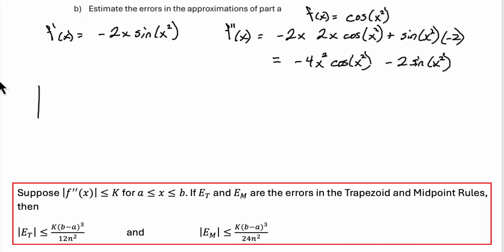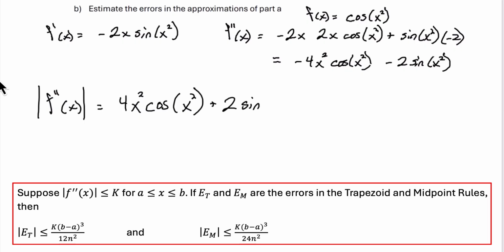Now looking at the absolute value of the second derivative, we can just make those negative signs positive. So we have 4x squared cosine of x squared plus 2 sine of x squared.